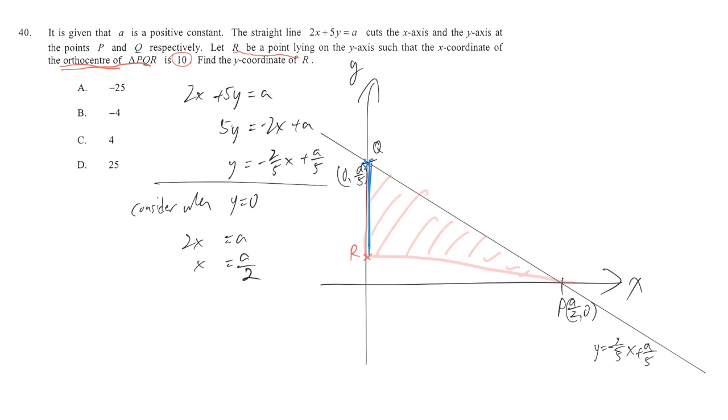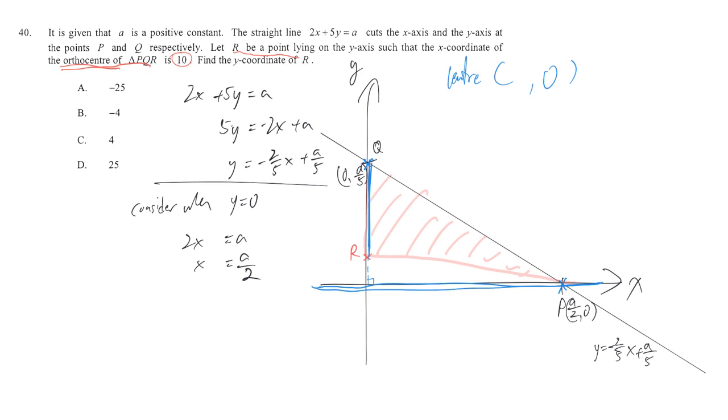So the first thing is we draw from point P, it should be perpendicular to the vertical line. So I know that our orthocenter should lie on the x-axis. This very important thing is the center. Even though I don't know what is the x position, I know the height is 0.